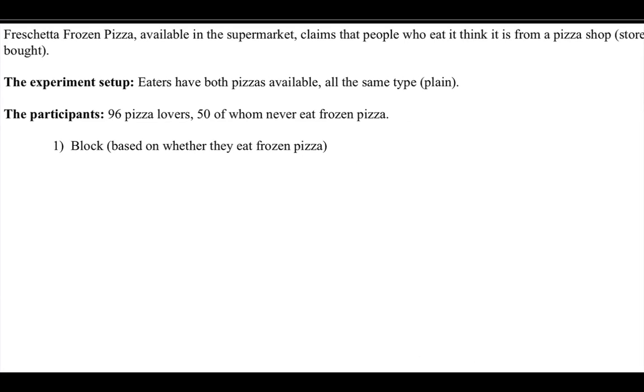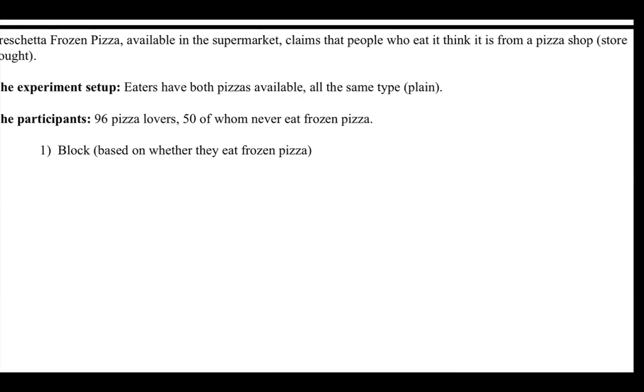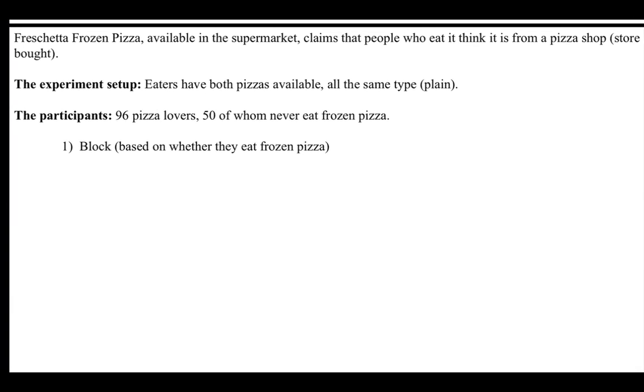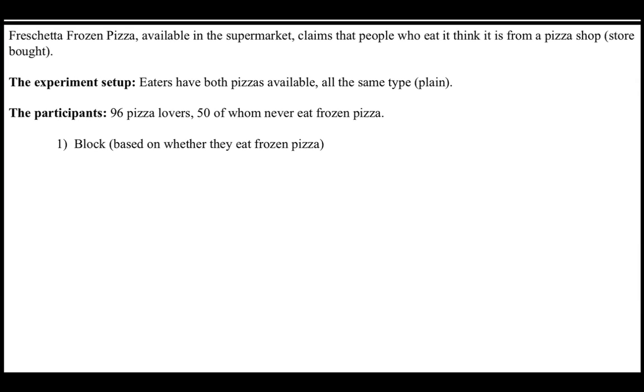The conjecture is this pizza company claims that people who eat their pizza will think it's actually from a pizzeria, rather than store-bought. So you're going to block based on whether people have eaten frozen pizza before. Okay, so create your outline and then go from there.